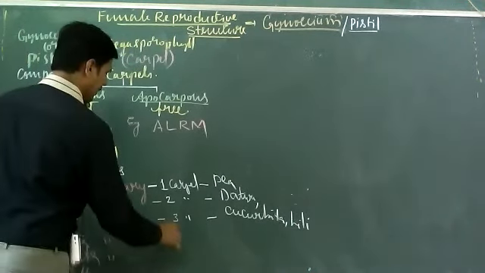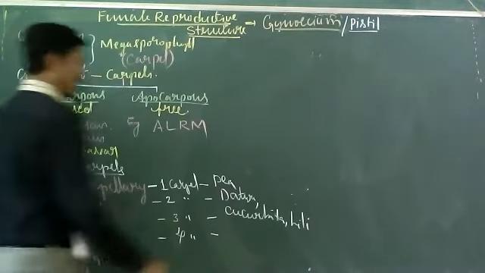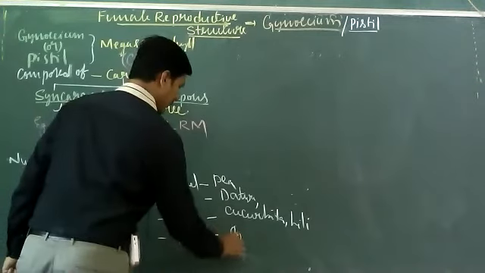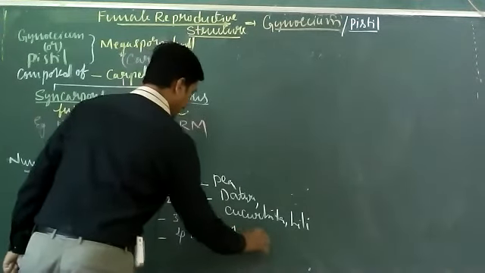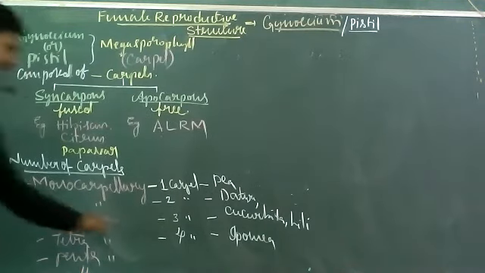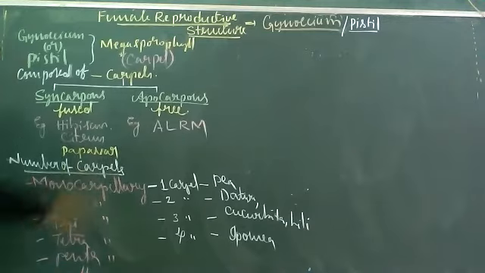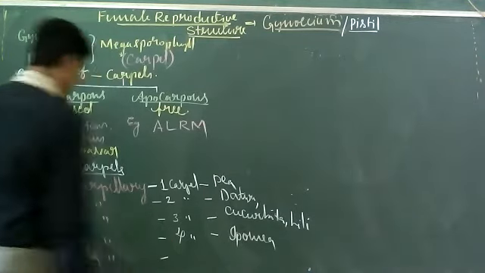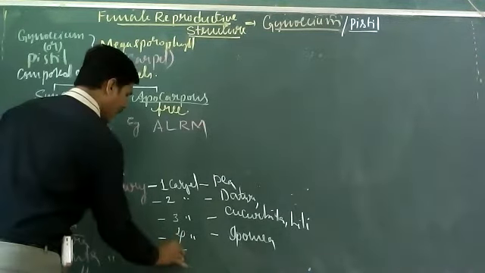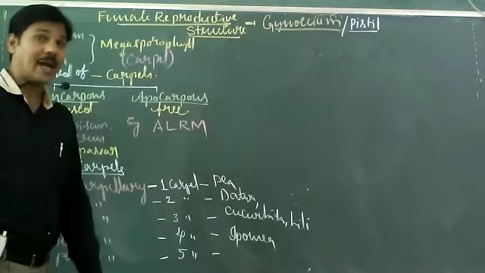Tetracarpellary, four carpels. Ipomoea. Once again, I see some other examples. And the pentacarpellary, five carpels are there. And the examples, hibiscus.